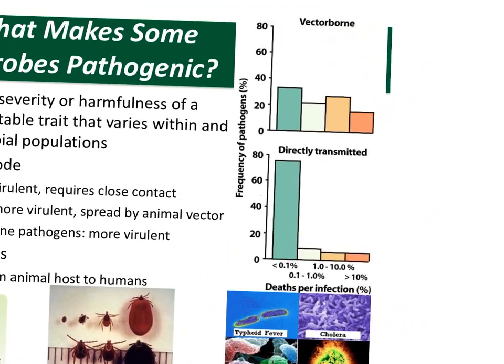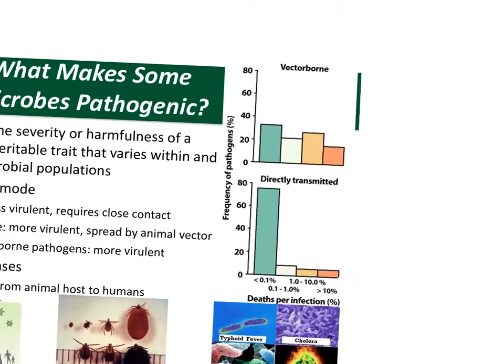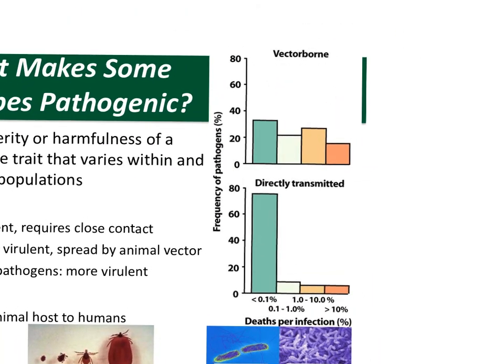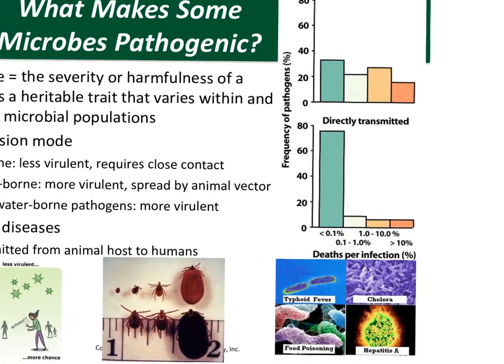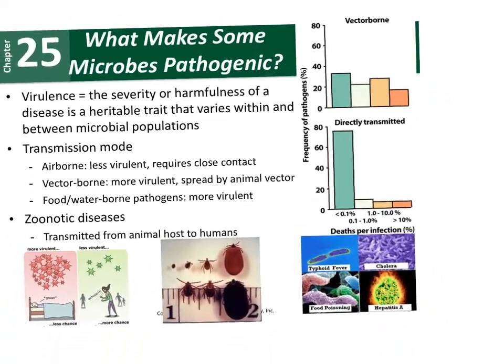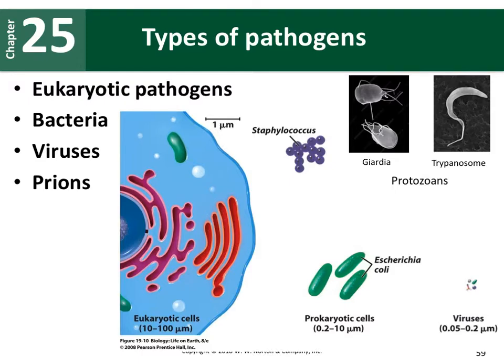Most of the pathogens that do are directly transmitted and easily transmitted and are contagious. But if we look at, let's say, vector-borne diseases that are carried by mosquitoes or ticks between different people, we see that a lot of them are much more deadly than others. So how things are transmitted affects how dangerous they often are.